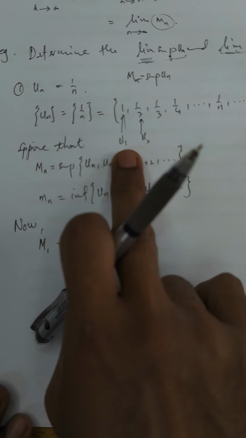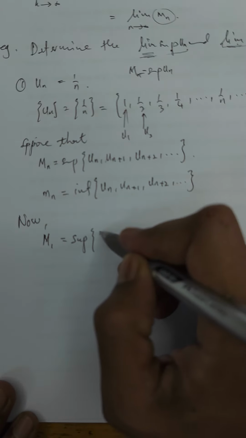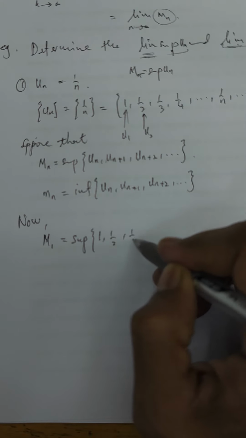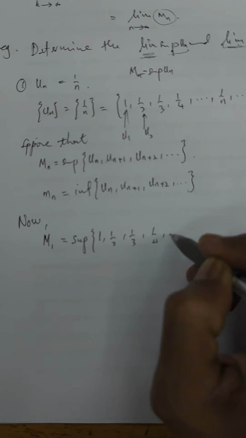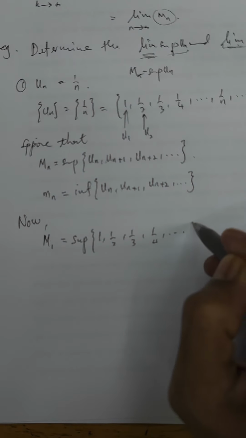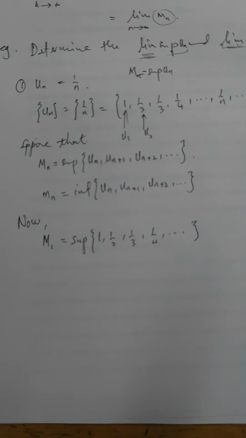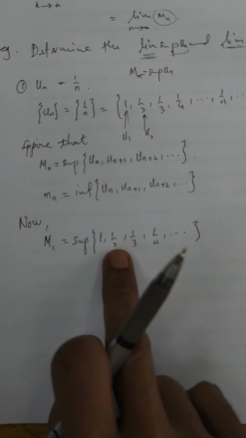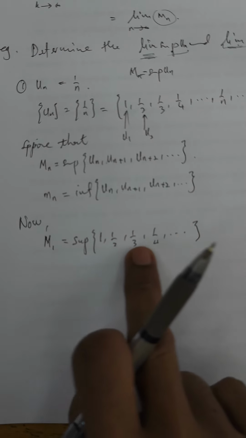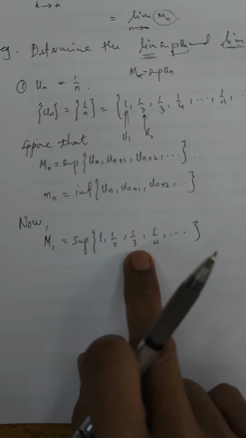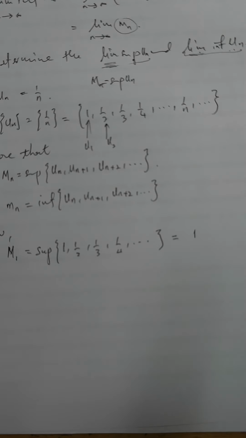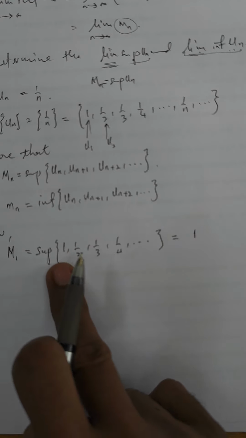So your u1 is 1, u2 is a half, next 1/3, next 1/4, and so on. So you can see from here the supremum of that element, 1/2, and so on, is 1. It cannot go beyond or be greater than 1.